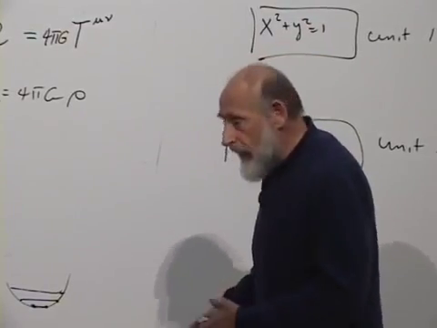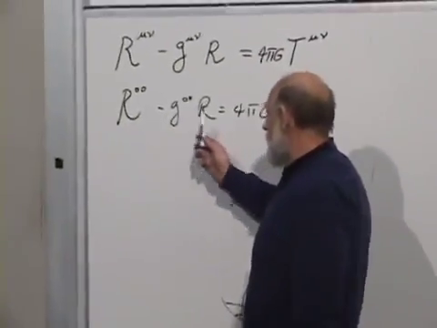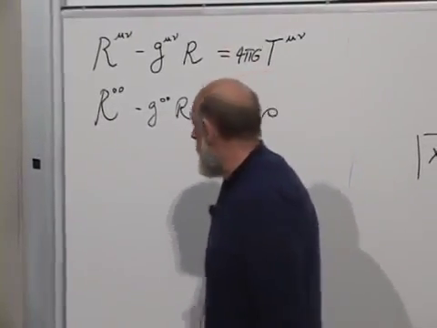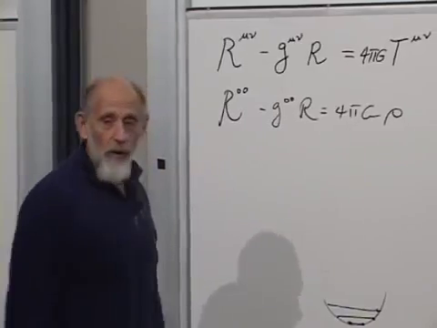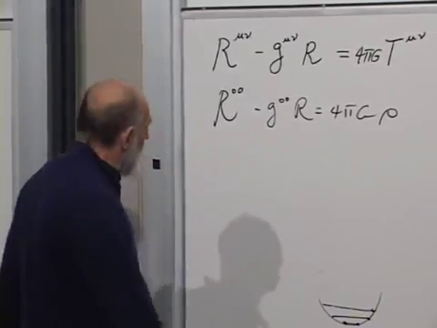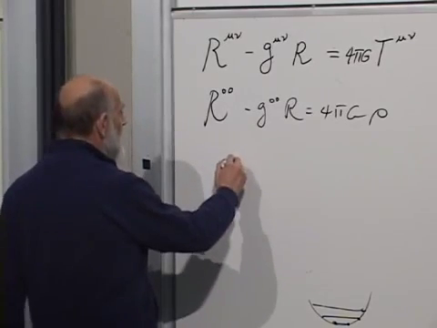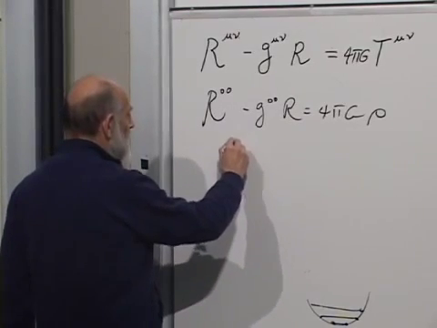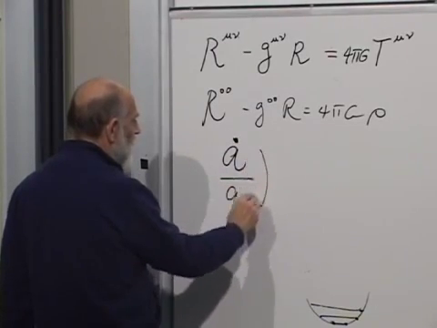And if you work that out, spend a little bit of time with it, you find that these two terms combine together to give you, I will figure out the coefficient later. There's a numerical coefficient. I'll figure it out later by knowing the answer. But it's proportional, guess what, to A dot over A squared.